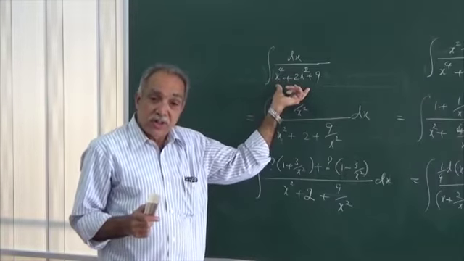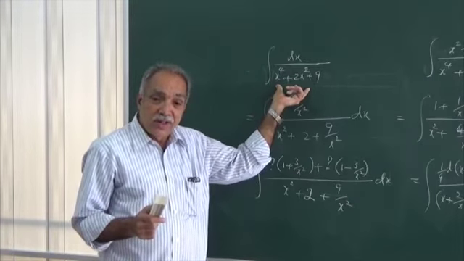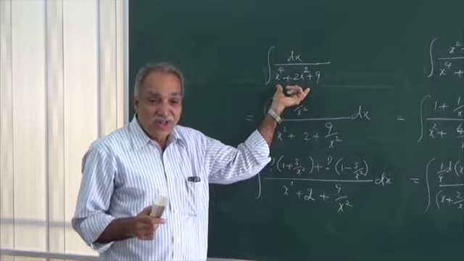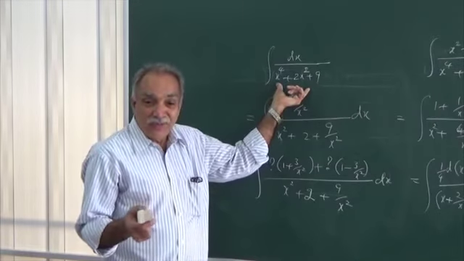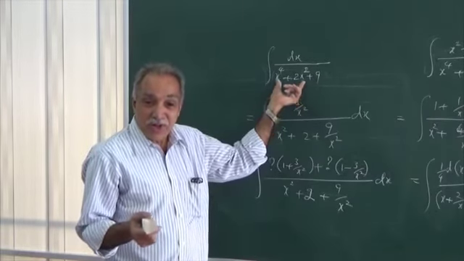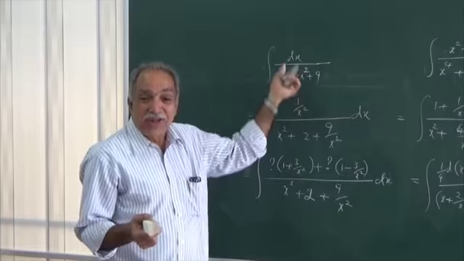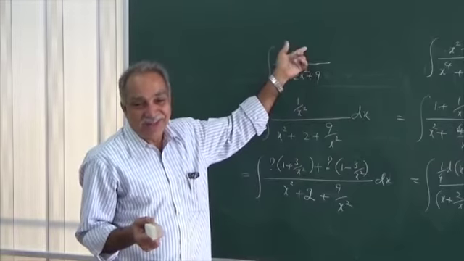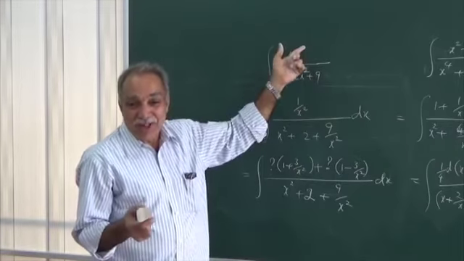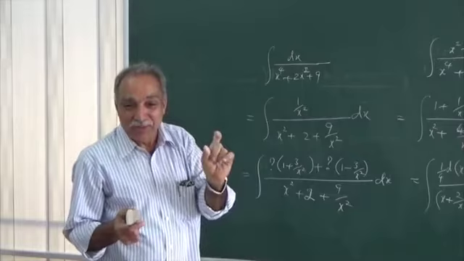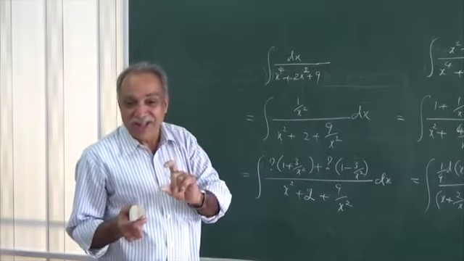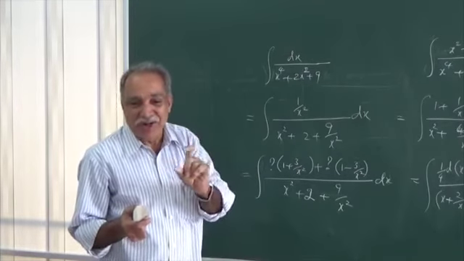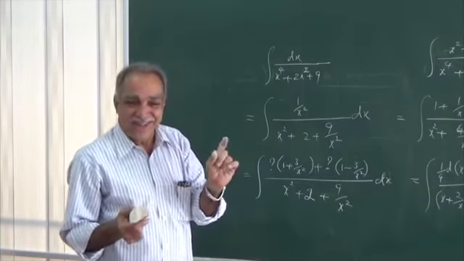It is directly 1 by x square plus a square. No, because the derivative of x square plus 1, what you are squaring in the first part, does not appear in the numerator. Your theorem applies only for replacements of x by a linear ax plus b, not quadratic or any other type of polynomial. Clear?